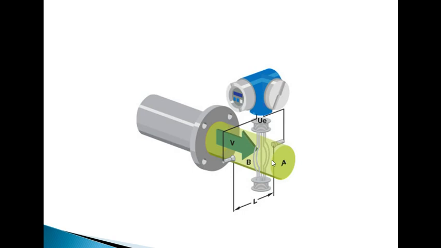Suppose this is a non-conducting pipe, then this arrangement you can use directly. But suppose this pipe is metal or conducting, then an electrically insulated liner must be used inside this assembly. As the liquid passes through this pipe section, it passes through the magnetic field set up by the magnetic coils.